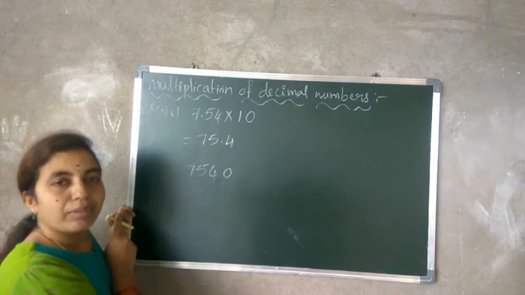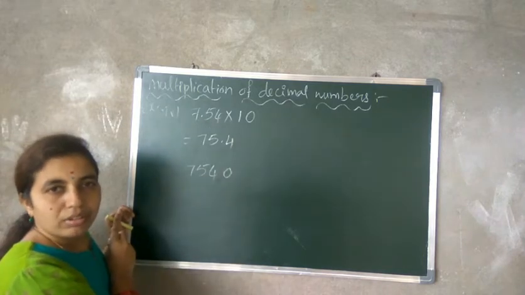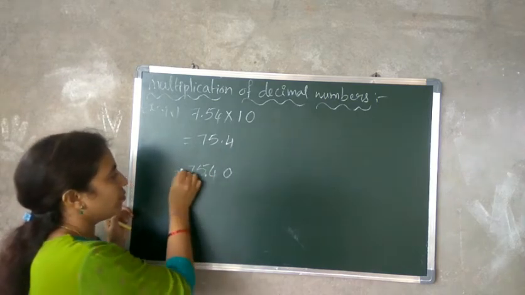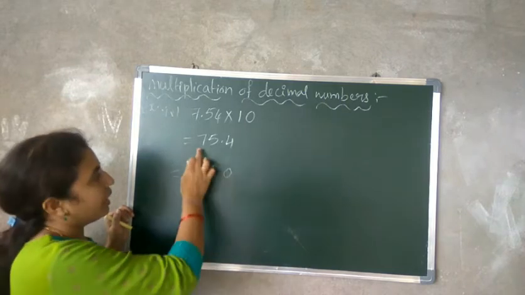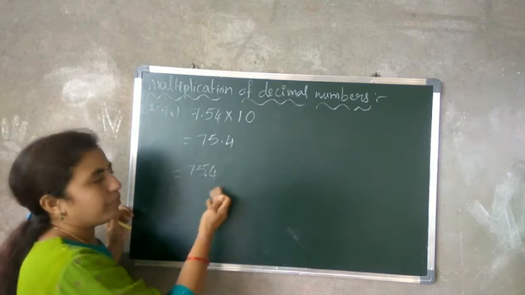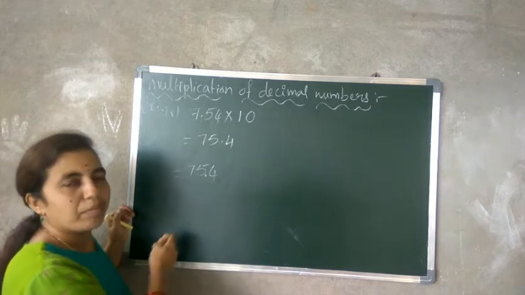How many decimal digits do you have? 1, 2. So count 2 decimal digits here: 1, 2. Now, what is the answer? 75.40. Same as we got now. After the decimal, the 0 has no value, so it is the same as 75.4.